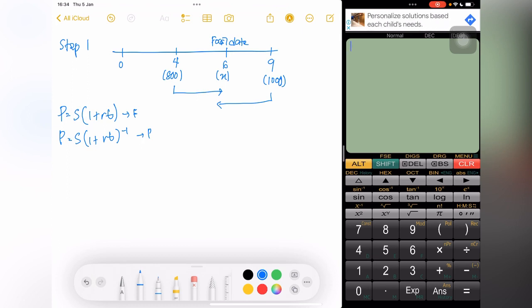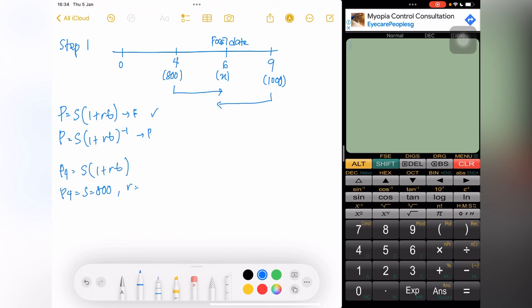So kita kena first kita cari P4. Okay, P4 kita gunakan formula yang atas sebab dari 4 nak ke 6 kita ke depan. Betul tak? So kita pakailah formula yang atas, iaitu S(1 tambah RT). Dalam P4 S kita adalah 800.